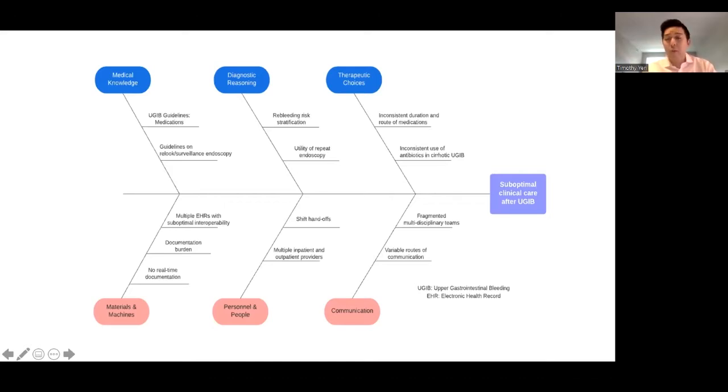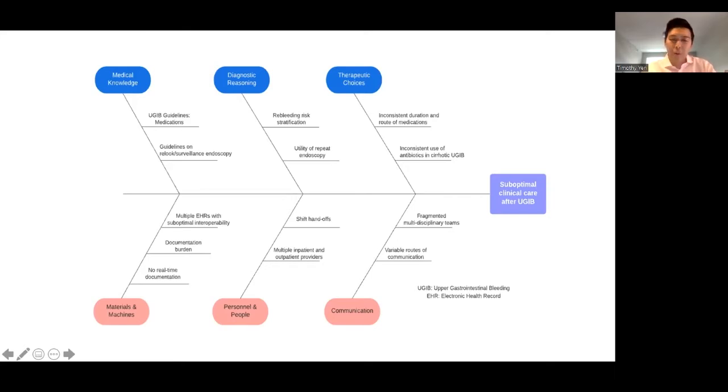And so it's quite a bit of clicks to get to a fairly standard report. And second, there is no real-time documentation. We do the endoscopy, and then we have to remember exactly what happened, what we found, what we recommend. And then after we finish endoscopy, we write that report while the patient's getting recovered.